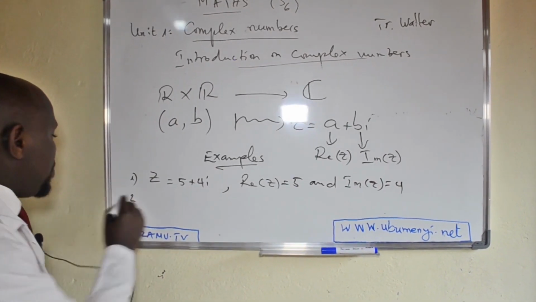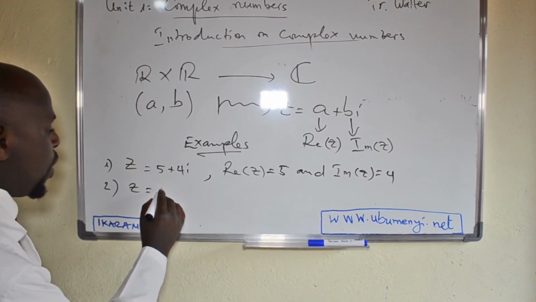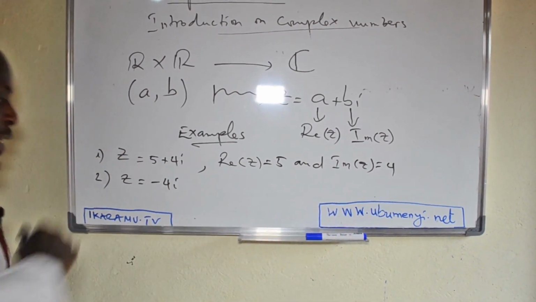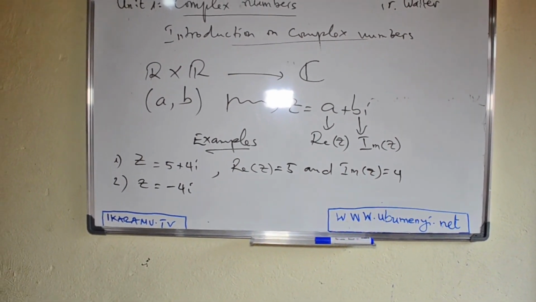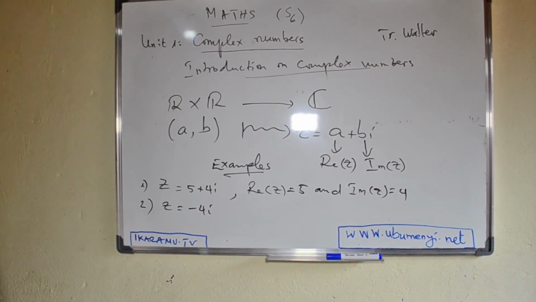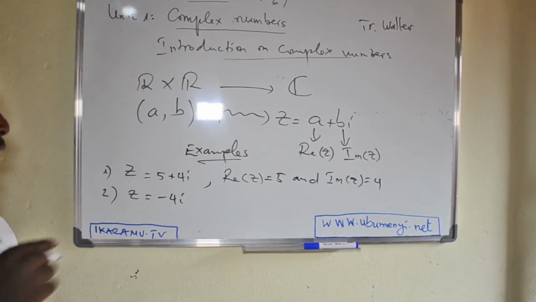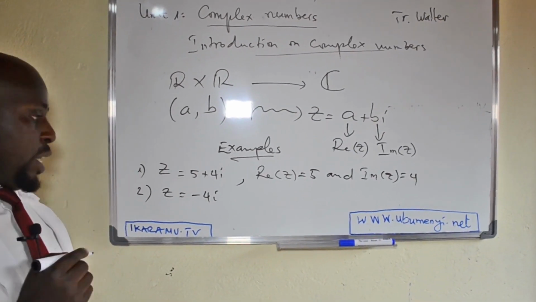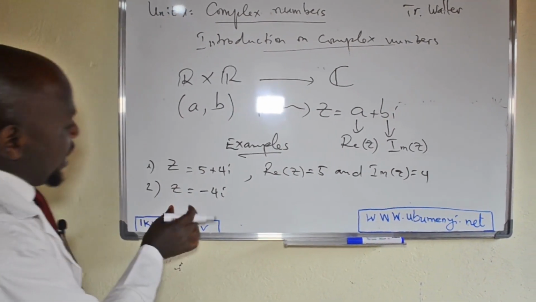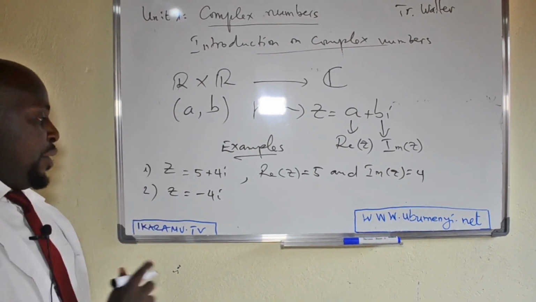For the second example, I'll give you Z, which is equal to negative 4i. This is also a complex number. Many students will be confused, saying that there is no real part. The real part is there. Remember also that 0 is a real number, and we have said that a must be a real number and b must be a real number.